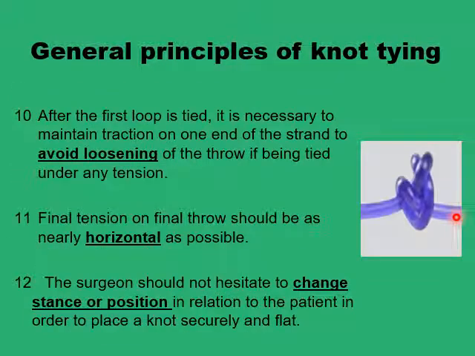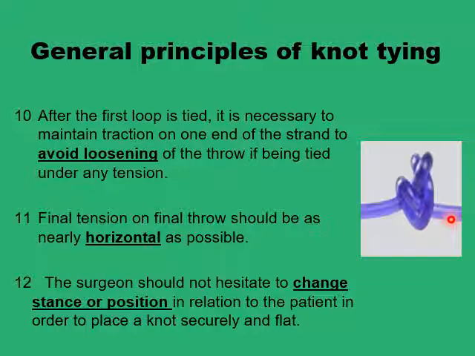Appropriate tension should be maintained on the suture ends after placing the first half reef knot while you are doing the second half reef knot. Otherwise you risk loosening of the first half reef.